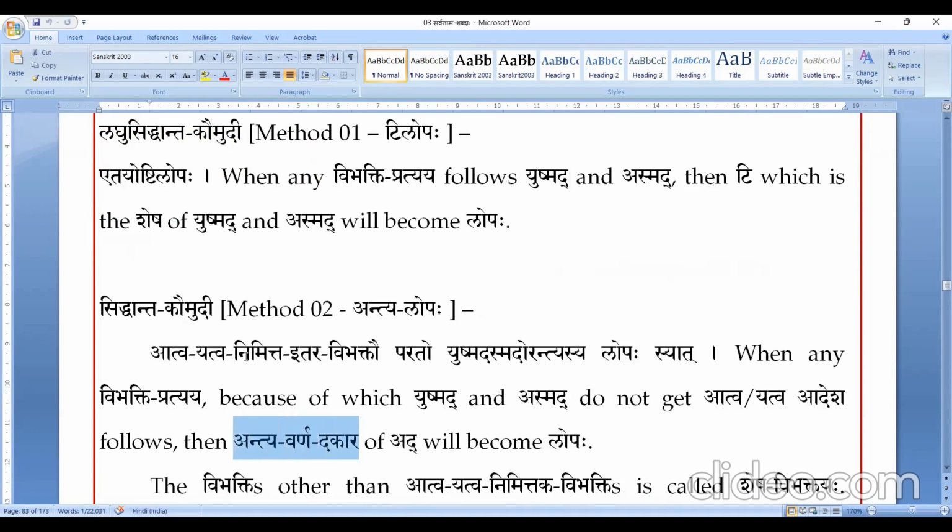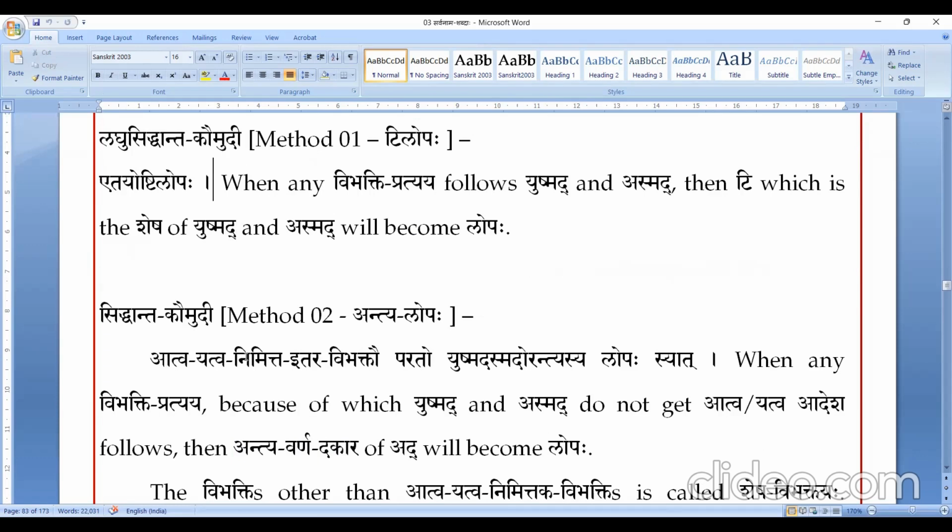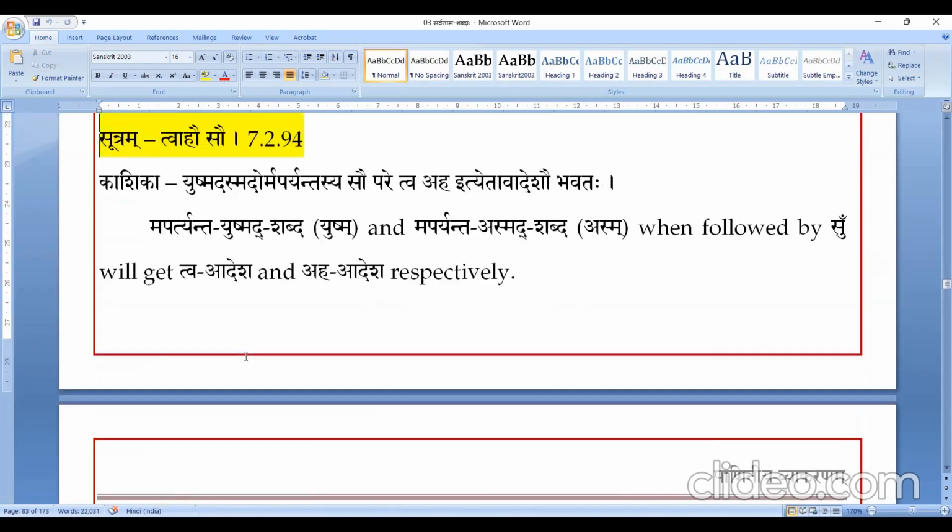So both are the same: Antilopa. That is method 2, and method 1 is T Lopaha, Etayosh T Lopaha. This is the commentary, the Vritti. First, Sheshe Lopaha, Etayoho Yushmadasmadoho T Lopaha Bhavati, by the Laghu Siddhanta Kaumudi. Okay.